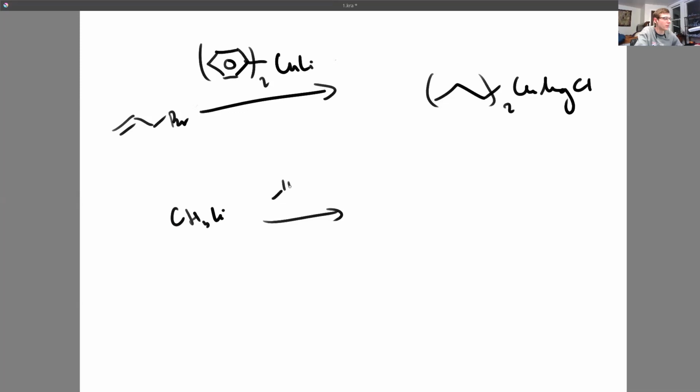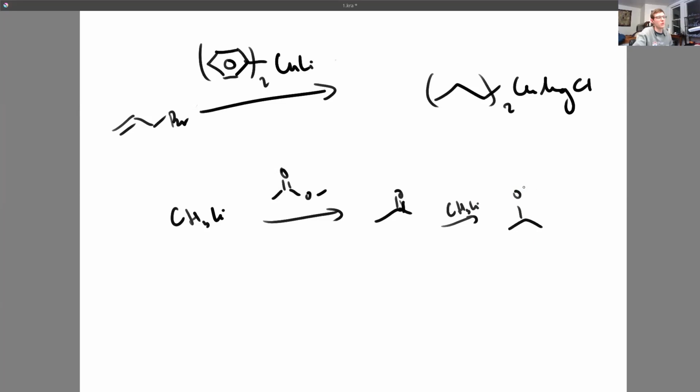So for example, if we have an ester, well, this is going to have no problem, right? No problem at all. In fact, it'll kick the ester off and then it'll go in for a second round, right? And then you'll get this alcohol.